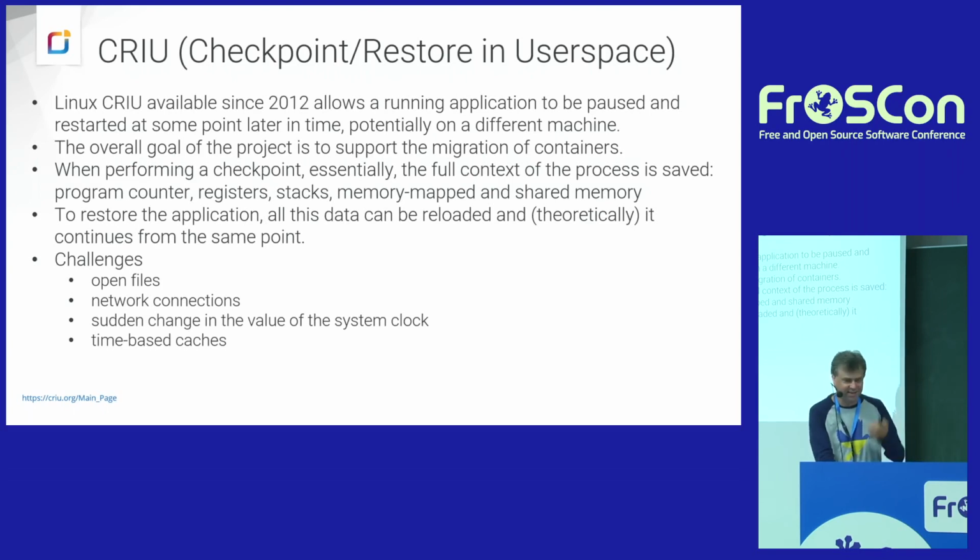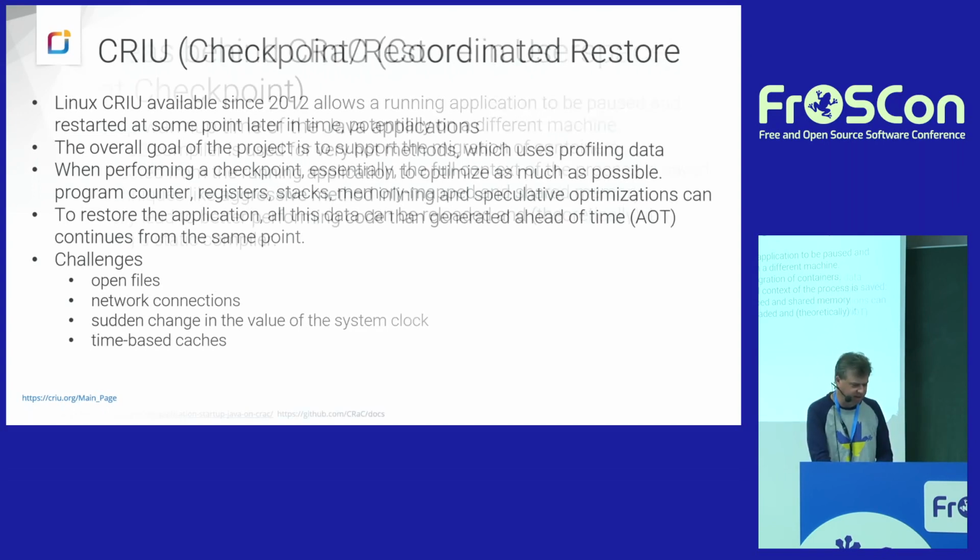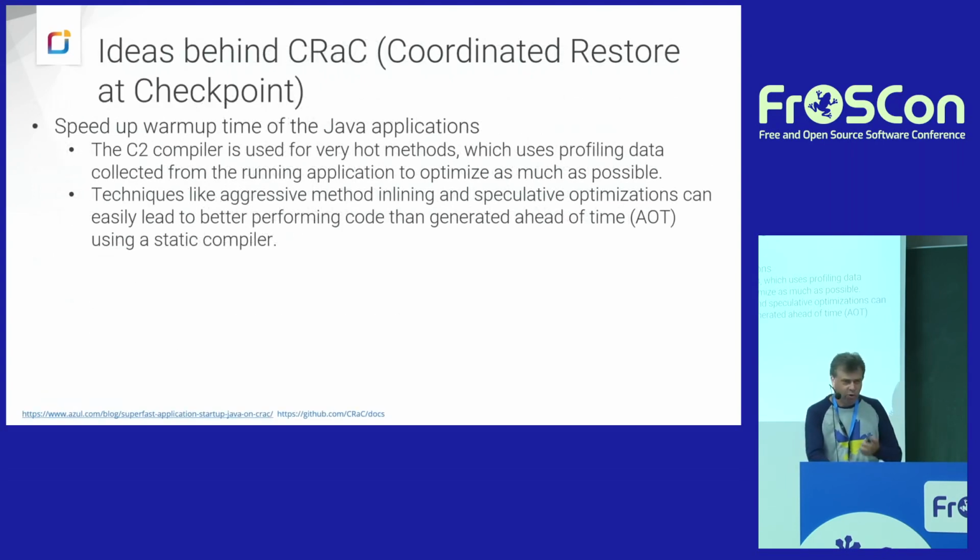This snapshot creation from Firecracker is based on this CRIU technology. They are doing a bit more, but that's the basic stuff. The optional runtime hooks are based on CRaC, Coordinated Restore at Checkpoint.